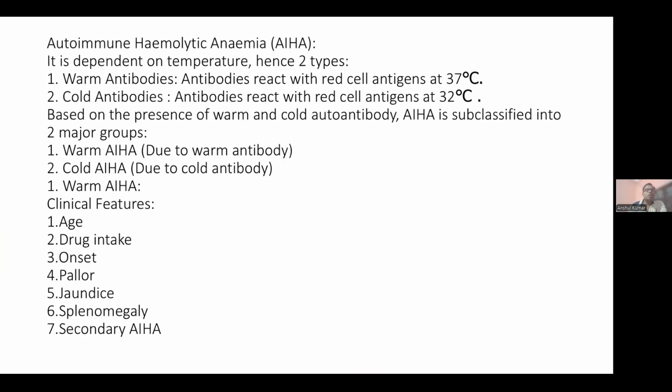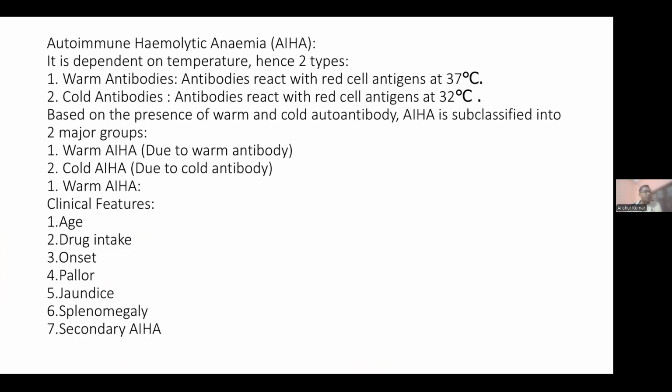Now, coming to the autoimmune hemolytic anemias, if you classify them, I have already said that they are basically caused by two antibodies. One is the warm antibodies and one is the cold antibodies. Means that it is dependent on temperature.